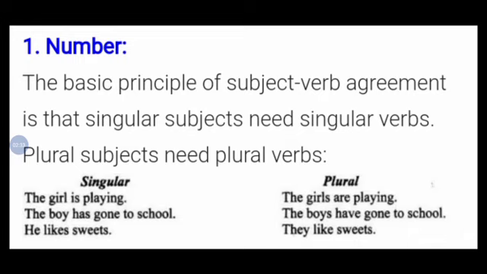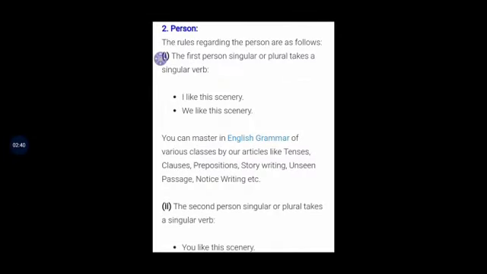Now let's continue with the second rule of subject verb concord. It is of person. The rules regarding the person are as follows. The first person, singular or plural, takes a plural verb. What is the first person?